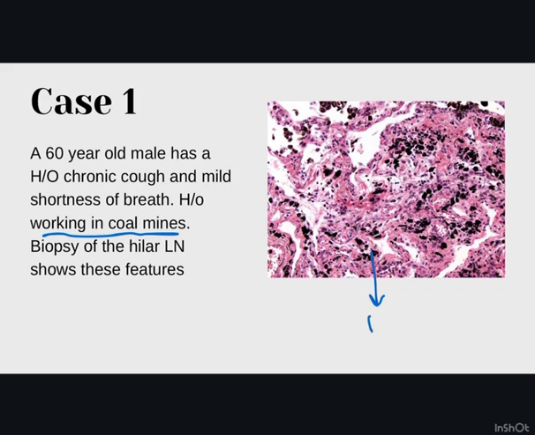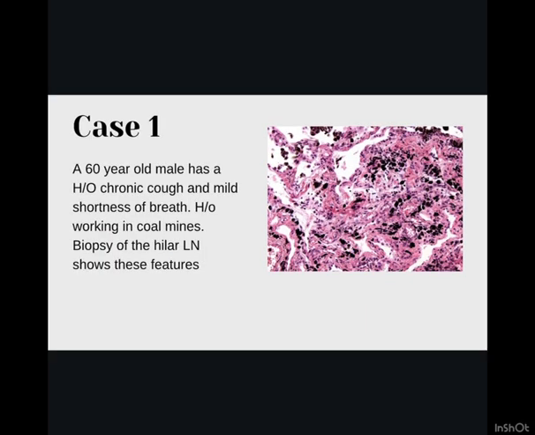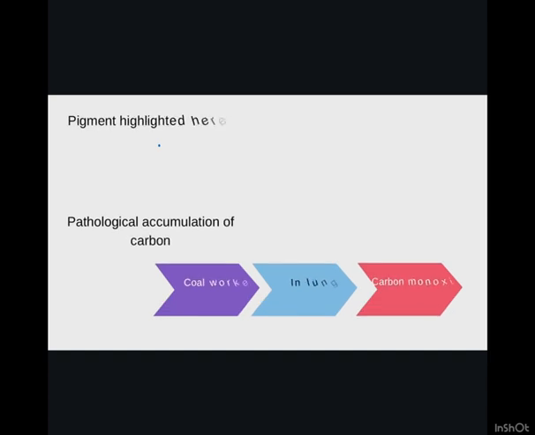So as you can see here, there is some sort of a blackish pigment which is present. So what is the pigment highlighted here? The pigment highlighted here is nothing but carbon.